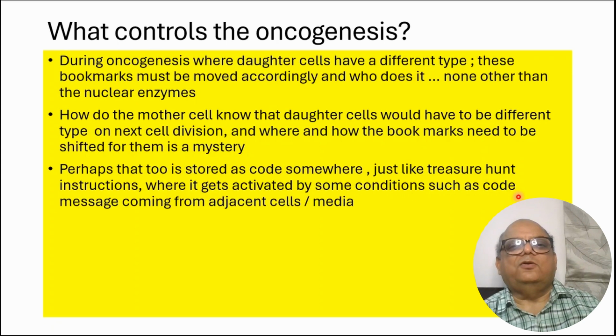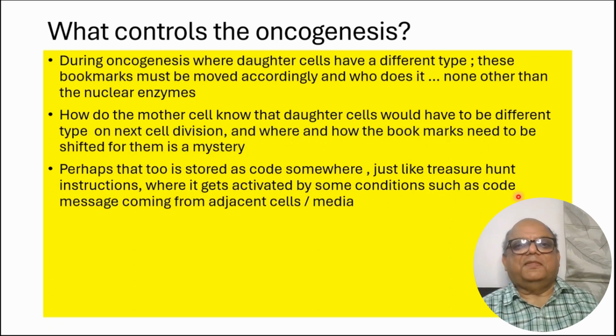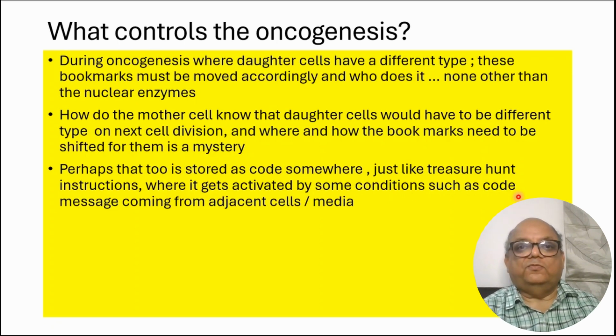So the entire genetic coding appears to be something like this. It functions like a treasure hunt. Some code is generated, it guides you somewhere. When you go there, you get the next instruction, and that's how the game goes on and on. But it goes on quite repeatably, quite reliably, and with full error proofing. So that is the wonderful part of it as far as the engineering aspect is concerned.